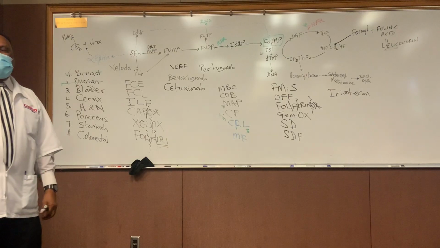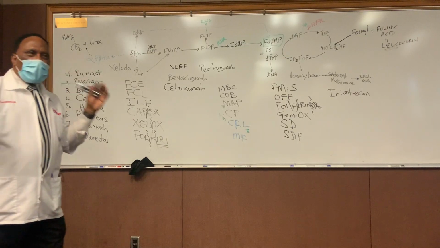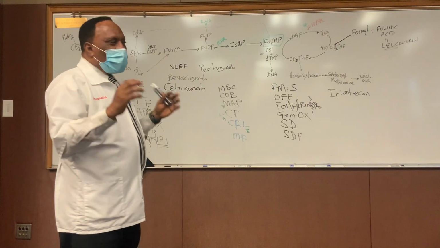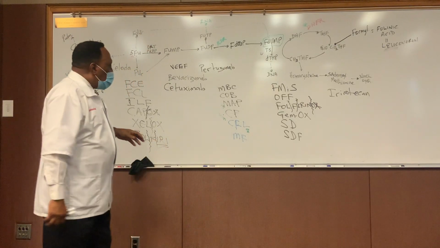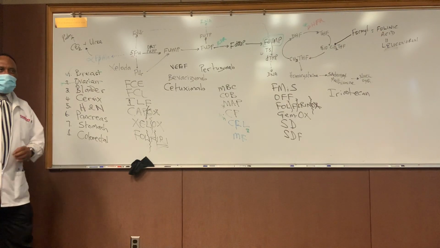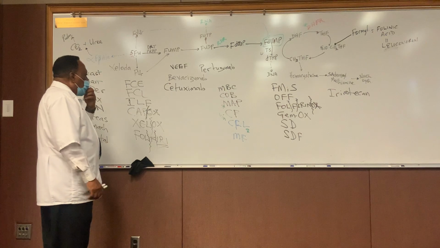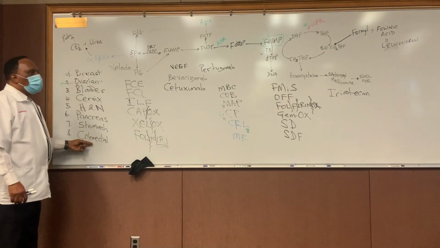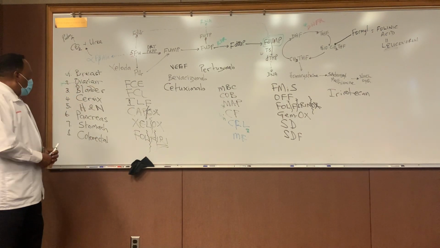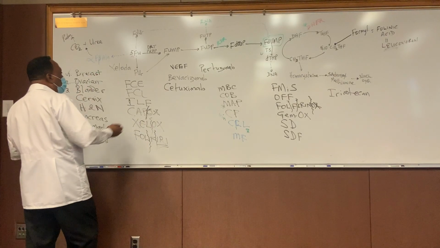And dostarlimab is an agent that we know can give you 100% cure rate in your colorectal cancer. So dostarlimab, D-O-S-T, dostarlimab, can give you 100% cure rate in colorectal cancer. All right.